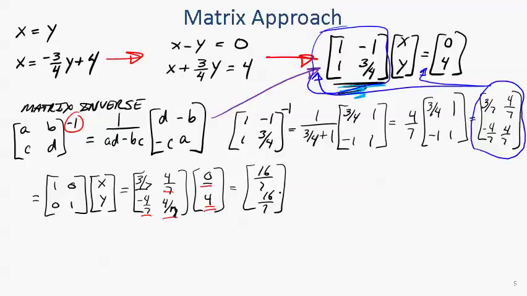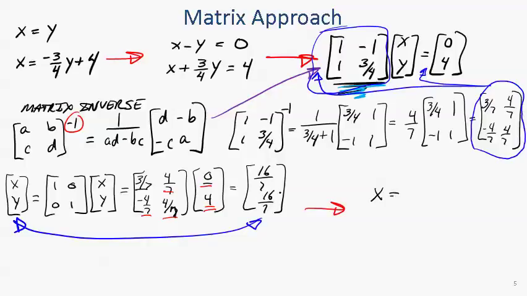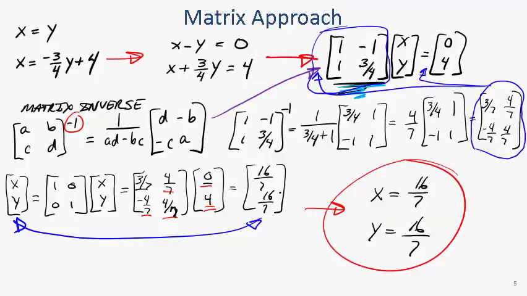The result is that x equals 16/7 and y equals 16/7. And that is the same answer we got using elimination on the earlier slide.